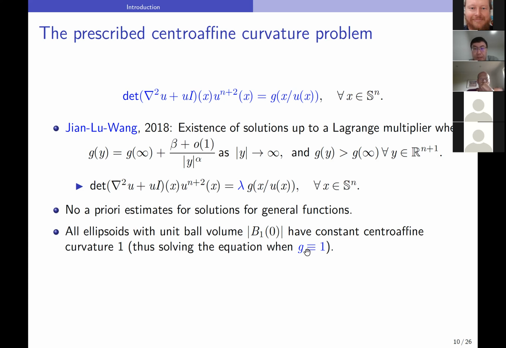The simple case is okay: if g is identically equal to 1, then any ellipsoid with unit ball volume has constant centro-affine curvature 1. So they all have centro-affine curvature 1, but the shape of the ellipsoid can be very bad. This means that in general there is no a priori estimate for solutions.